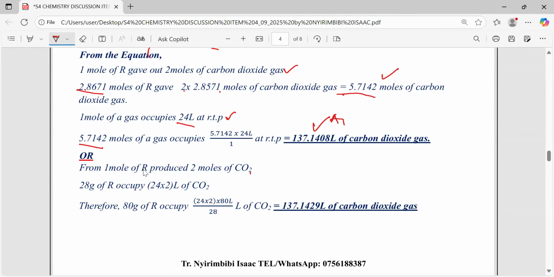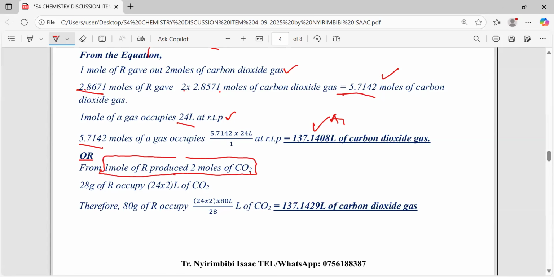And Awolono, let's look at this. Only 3 lines and you get your answer. I just used this: 1 mole of R produced 2 moles of carbon dioxide. Where are we getting this? From our equation, stoichiometry. I believe we had this from the beginning. Even Subi gave us this statement.